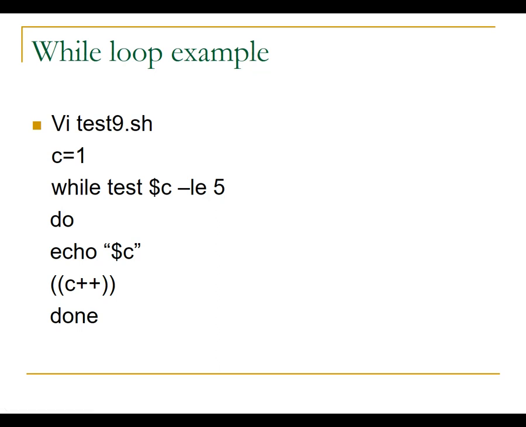So the repetition stops and you will see 1, 2, 3, 4, 5 on the screen. The definition of this particular program is: write a shell script to print 1 to 5 numbers using while loop. Just note down this particular program for future use.